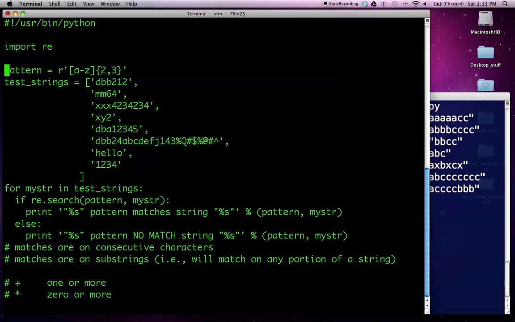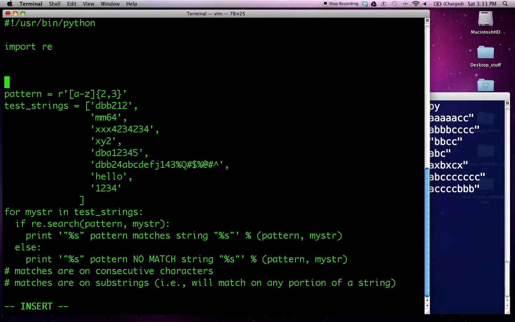Now remember what I said about a quantifier applying to whatever's directly before it. In this case, it's not a single character. It's the a to z character class, which is really a single entity within regular expressions. So it's not going to apply to the brace, because the brace is really part of a larger entity. Same thing we did with, let's say, \d plus.